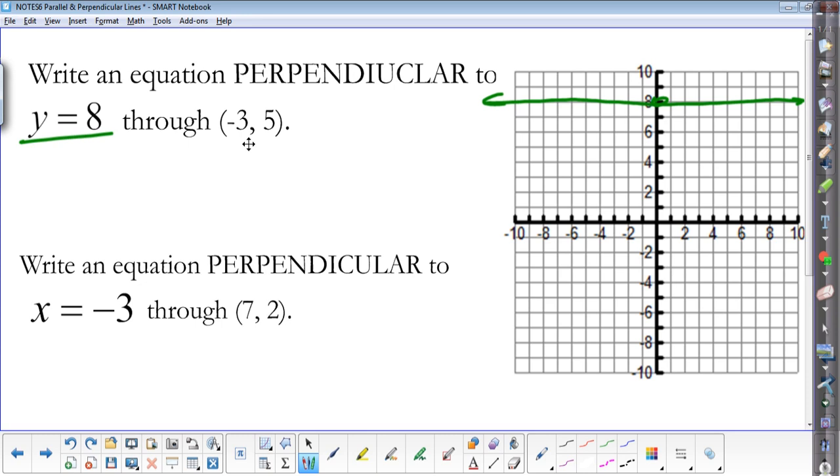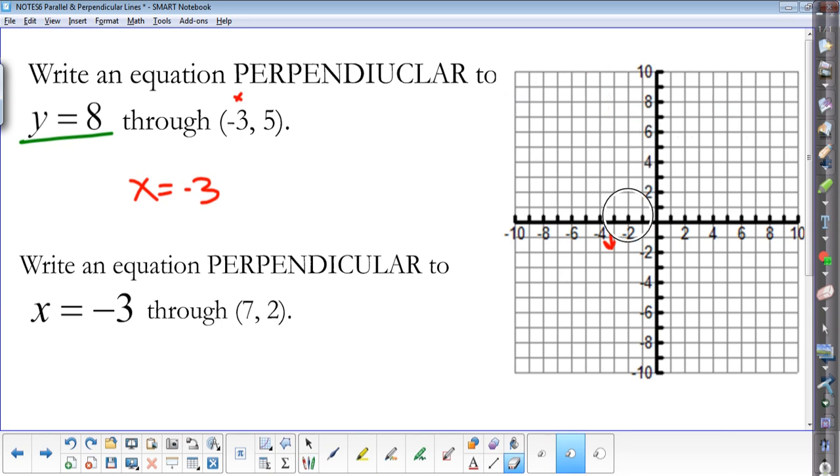So I need a straight up and down line that goes through negative 3, 5. The question is, what would be the equation of that line? Well, because it's perpendicular and it's going up and down, it's going to have to be x equals, and where does it cross the x-axis? At negative 3. I could have told by looking right there.